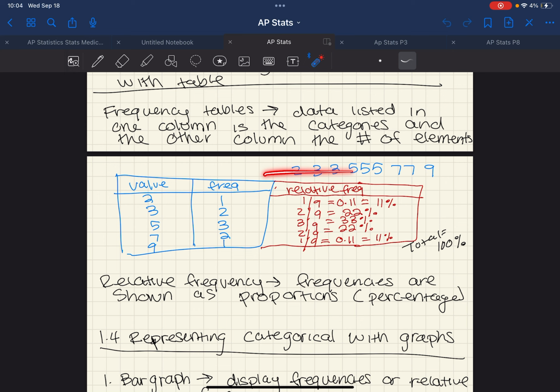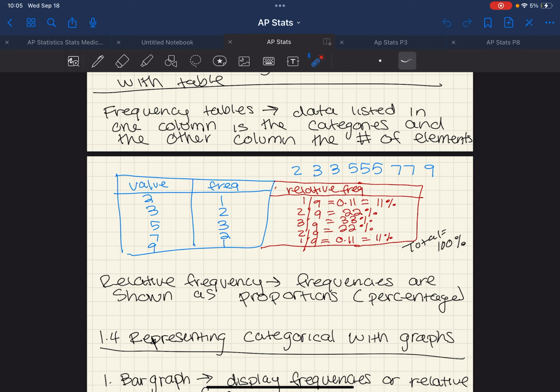But if we were to add another column and call that column the relative frequency, remember relative frequency shows the percentage of the elements within the total set of data. So we would take the frequency and divide it by the total. So there's 9 numbers here. So I would take 1 divided by 9, and that would give me 11%.